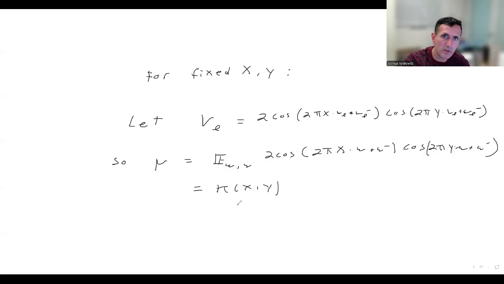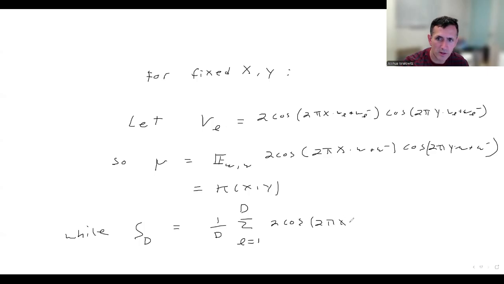This is precisely my curve. While S_D is going to be, well, we computed this before. I'll even write this out.